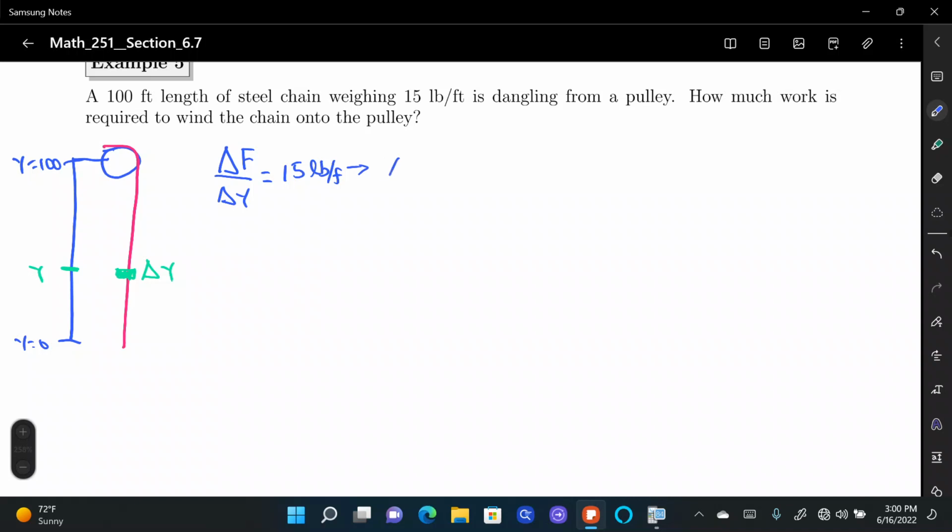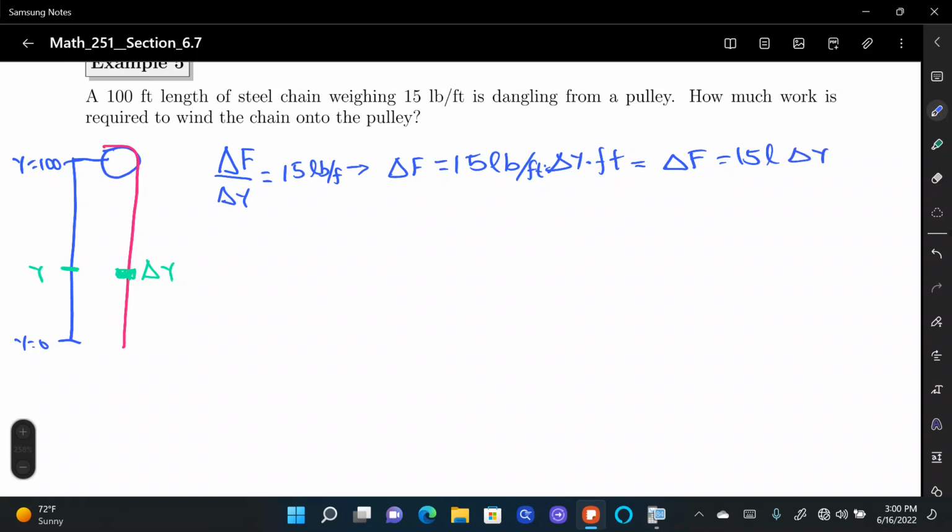If we solve for delta f, that's 15 pounds per foot times the delta y. But that delta y is in terms of feet, which cancel out, and in the end is reduced to 15 pounds times delta y.